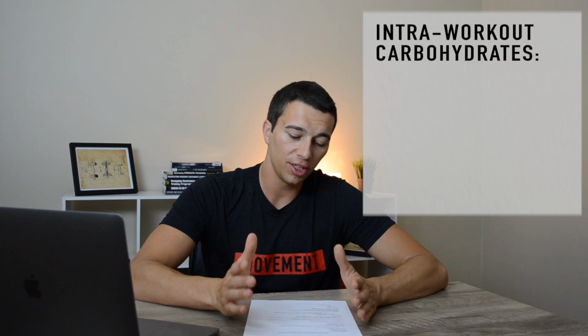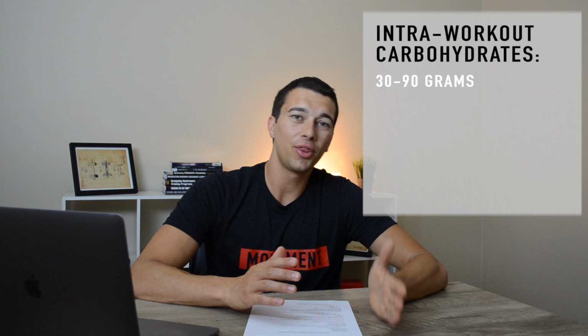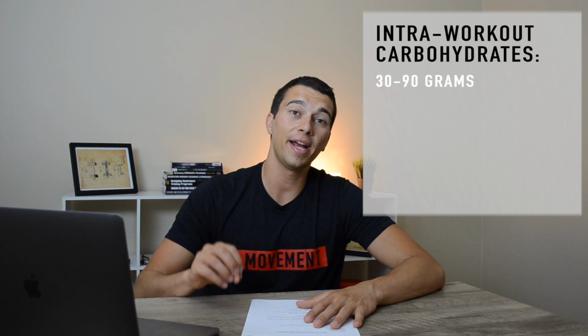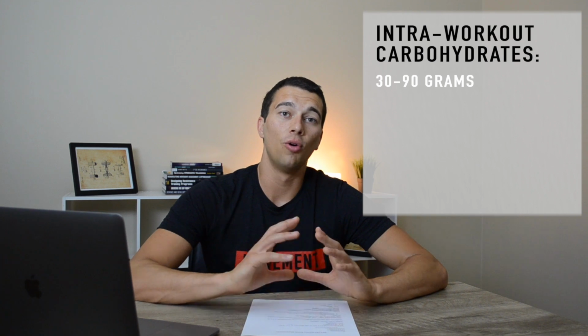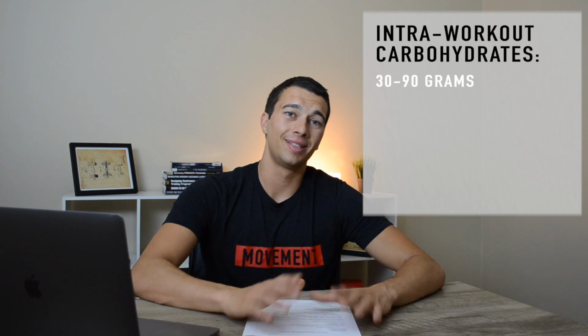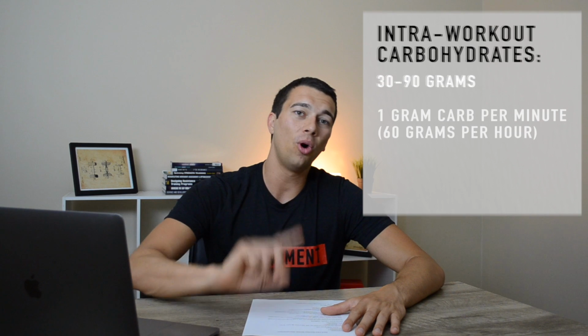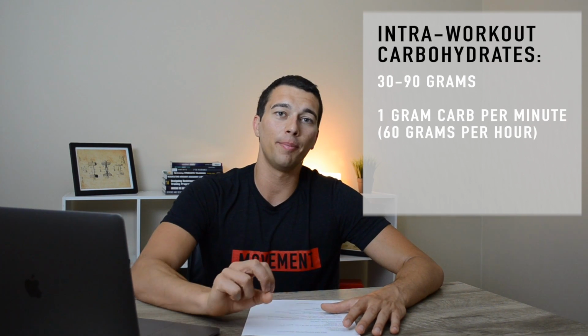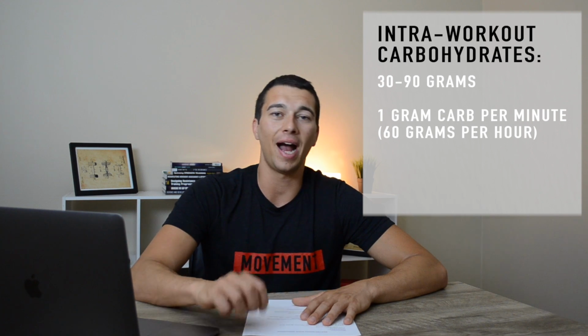There's a range for this, anywhere from about 30 to the higher end being around 90 grams of carbs for most athletes. What I want you to definitely remember is that most athletes need about 1 gram of carb per minute. So 1 gram of carbohydrate per minute is about 60 grams per hour.